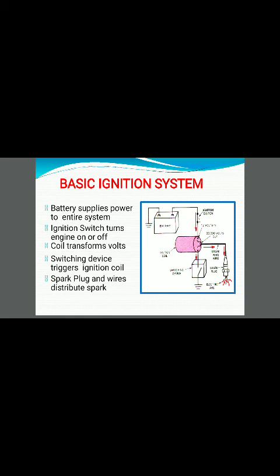After the ignition coil, a switching device is used to trigger the ignition coil, and the spark plug and wires distribute the spark. When the high voltage current passes through the spark plug, the spark is generated, which is used to ignite the fuel in the engine cylinder.